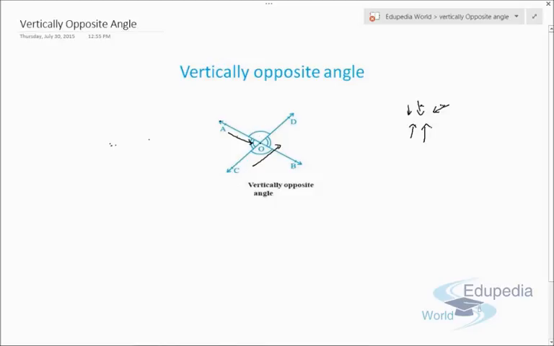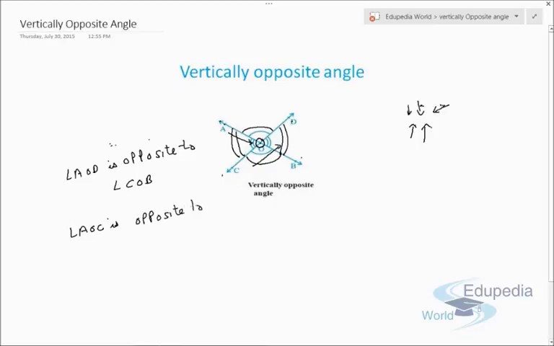The same concept applies in vertically opposite angles. Suppose we have two intersecting lines AB and CD, and they intersect at point O. We can clearly see that angle AOD is opposite to angle COB, and angle AOC is opposite to angle DOB.